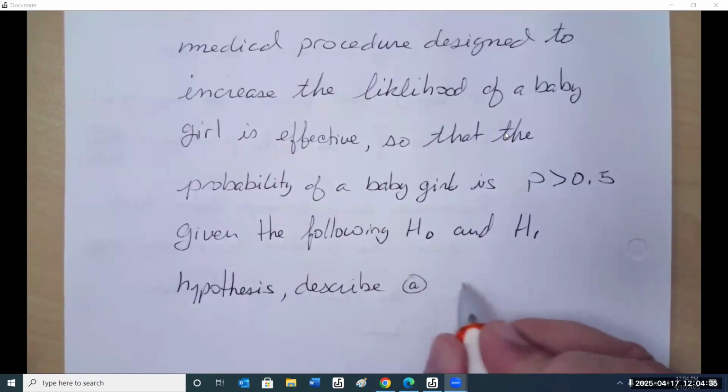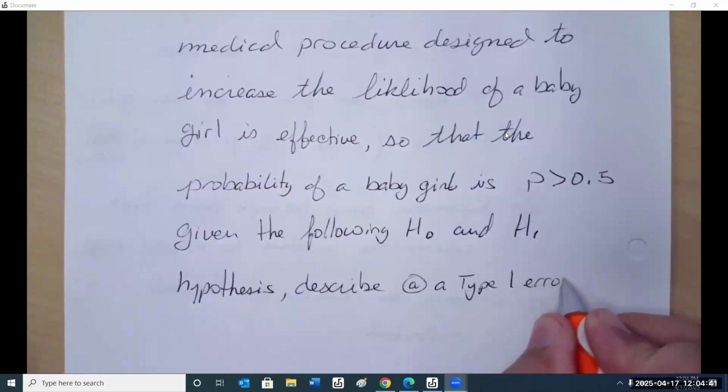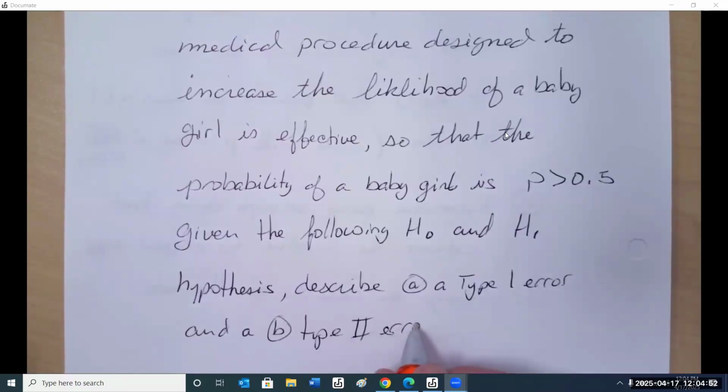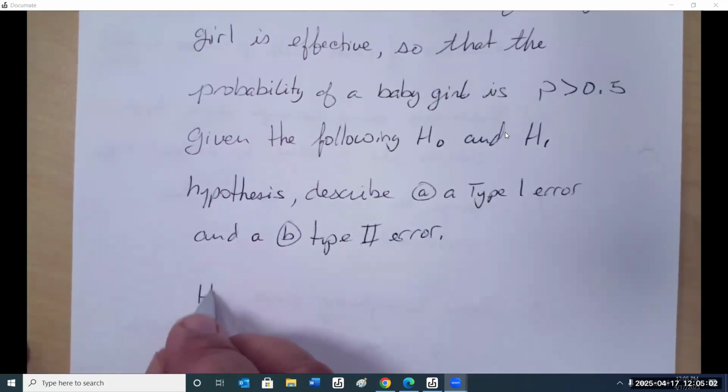Describe a type 1 error and a type 2 error with this information.